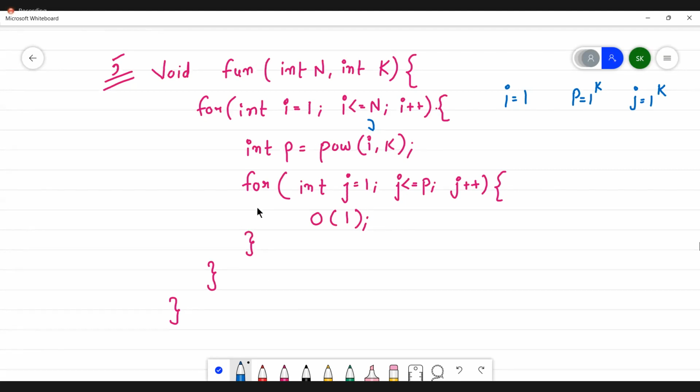Okay. For the next time when it will come, it is going to be i equals 2. Linearly, it is running. Your power is going to become 2 power k, and your j loop is going to run for 2 power k. Clear, everyone? For i equals 3, power is going to become 3 power k, and j is going to run for 3 power k.